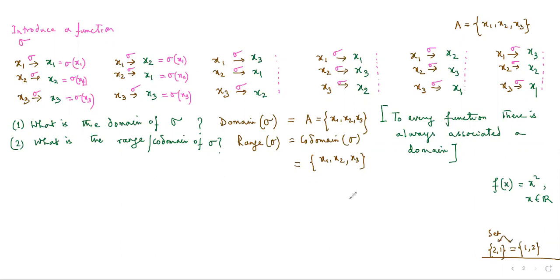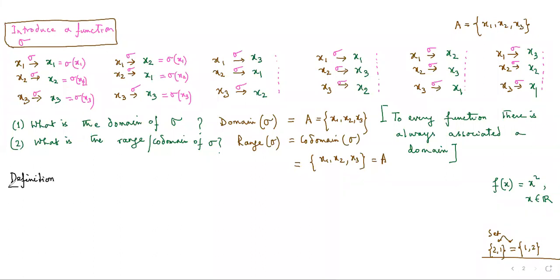Since domain and range are both sets, whatever their positions are on the right hand side, they contain the same elements, that is x1, x2, x3. So we have introduced the function sigma over here. That function has a domain which is the set capital A, and a range which is also the set capital A.